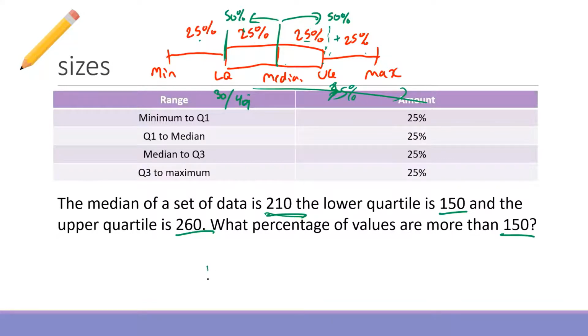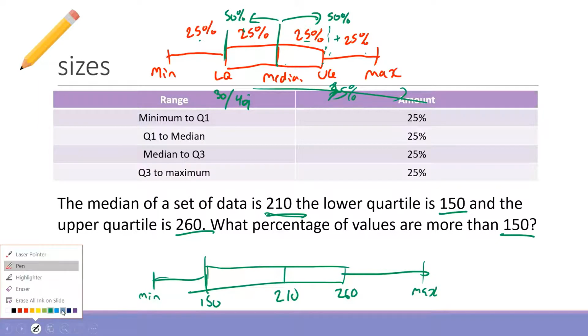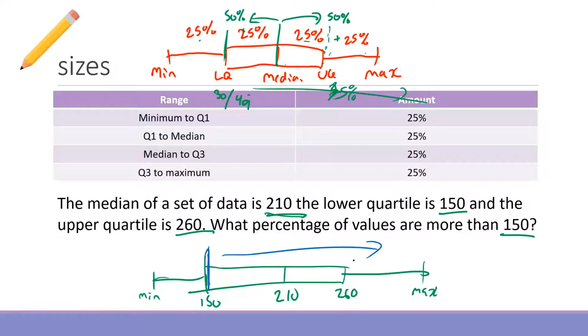So we've got our lower quartile, which is 150. We've got our median, which is 210. We've got our upper quartile, which is 260. And then we've got some minimum and maximum number that we don't know. It says what percentage of values are more than 150? So if I've got 150 here, what percentage of them are more than that? Well, let's count.